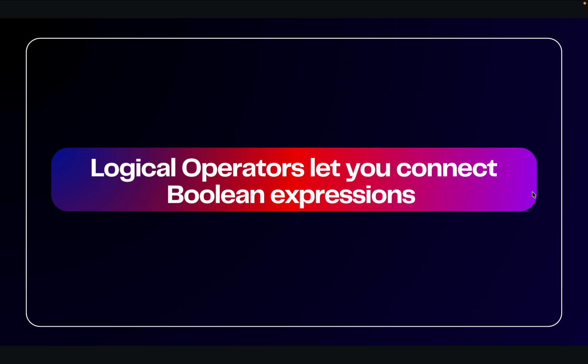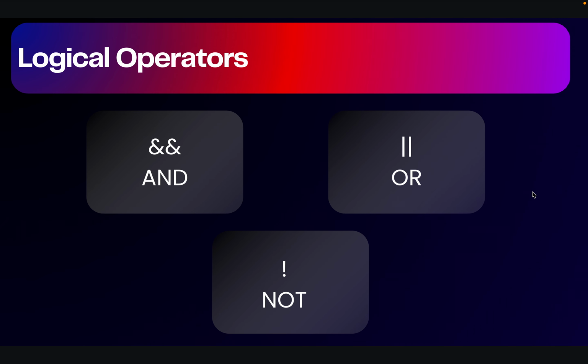That is where your logical operators come into play. These logical operators allow you to connect Boolean expressions, allowing you to deal with multiple conditions. The logical operators you will be working with are and, or, and not, and they will use these symbols.